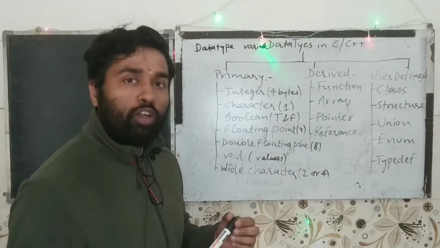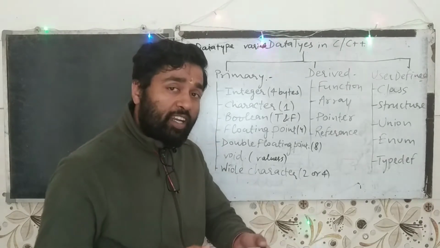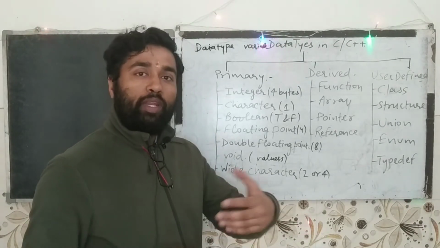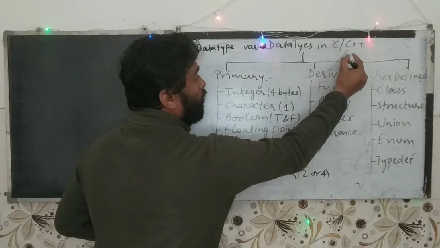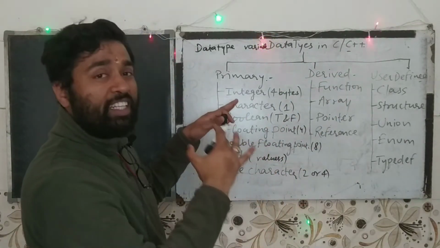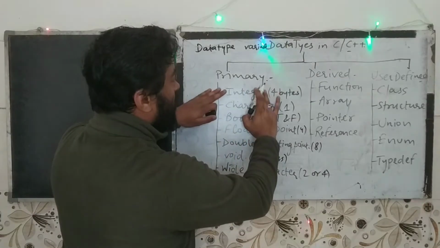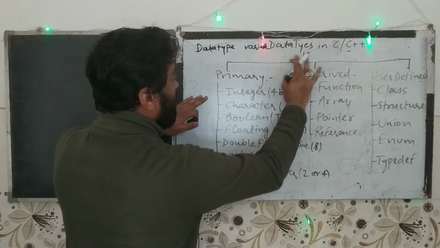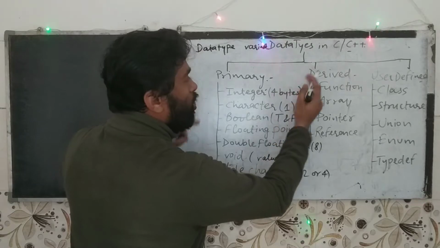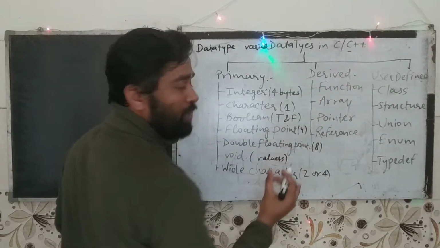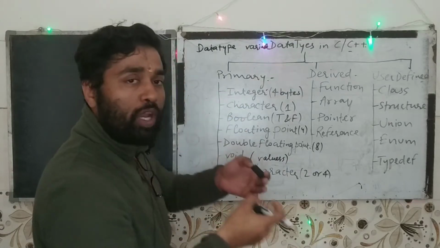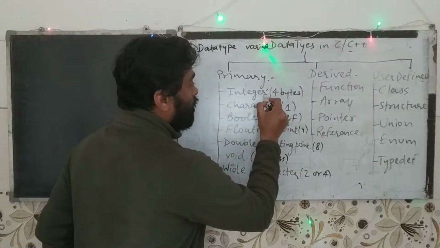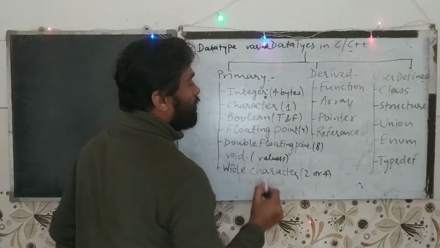First of all, you need to know that these data types are predefined or pre-built. That means in this programming language, we have already written the definition of these data types. Integer is already declared in the C and C++ programming language. If you want to inherit this property into your application, then you have to use these data types in your application.